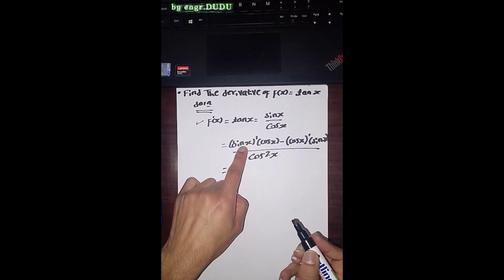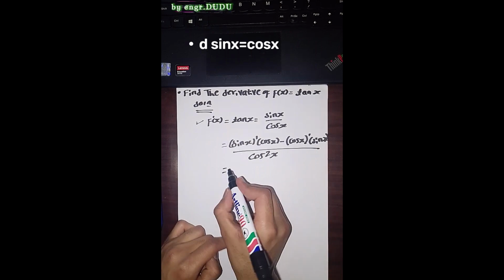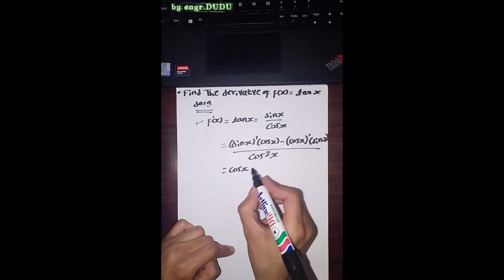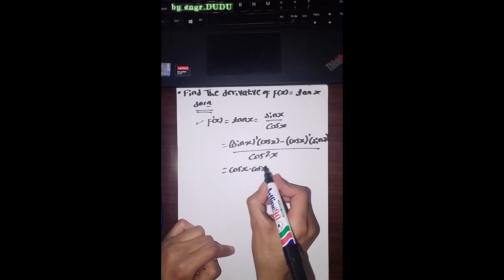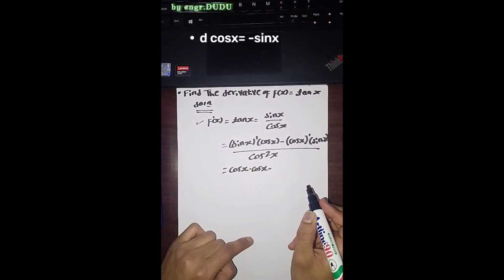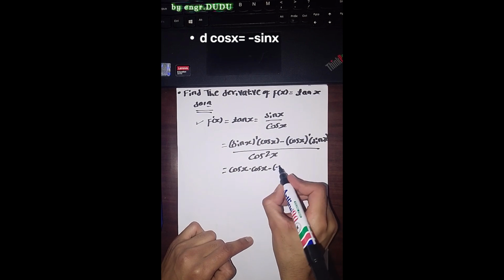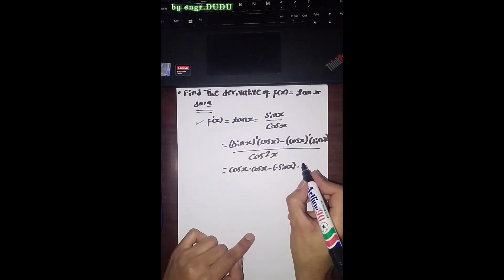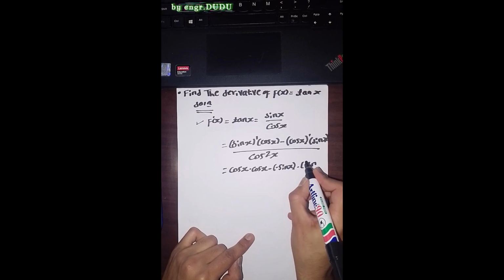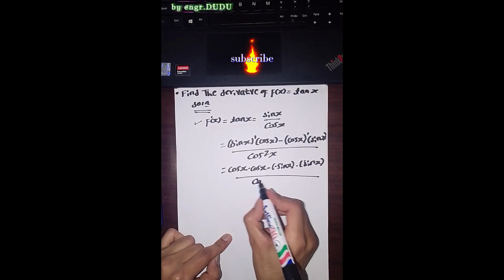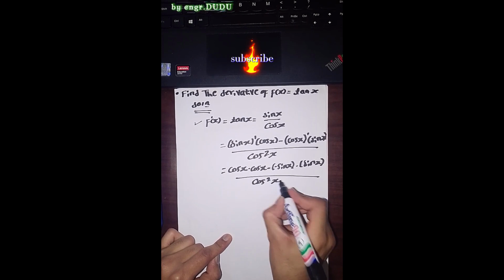So the derivative of sin x is equal to cos x, times cos x, minus the first derivative of cos x, which is equal to minus sin x, times sin x, over cos square x.